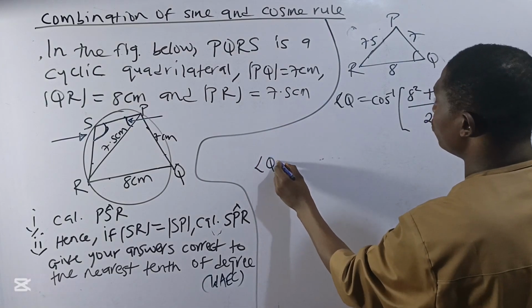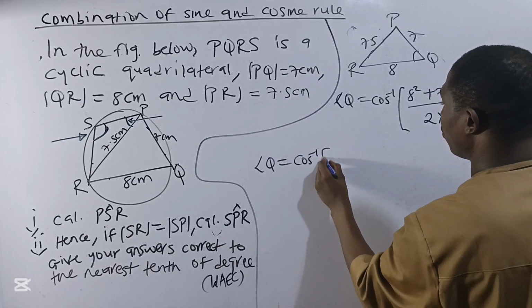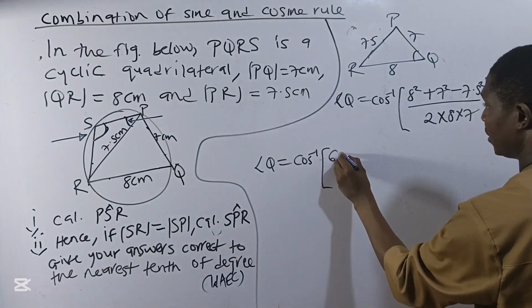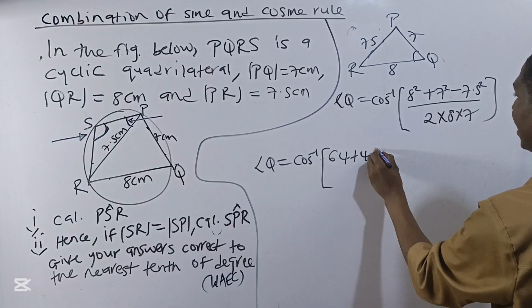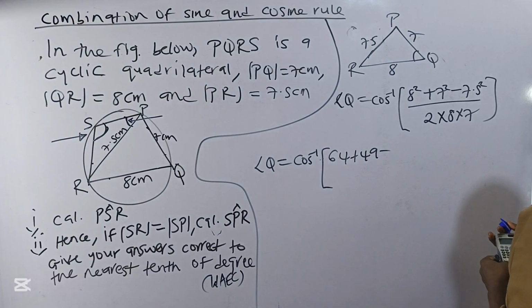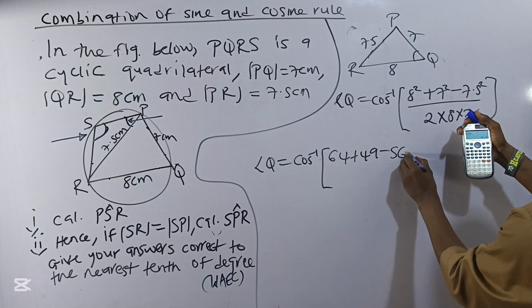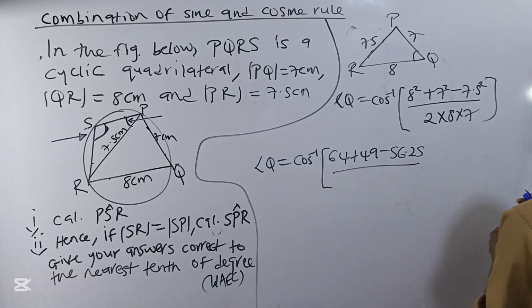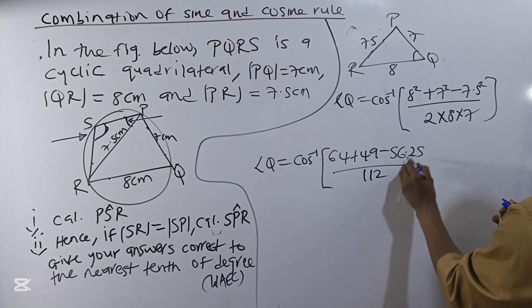So I'll have my angle Q equal to cos inverse of 8 square, which is 64, plus 7 square, which is 49, minus 7.5 square, which is 56.25, all over 2 times 8, 16, times 7, which gives 112.